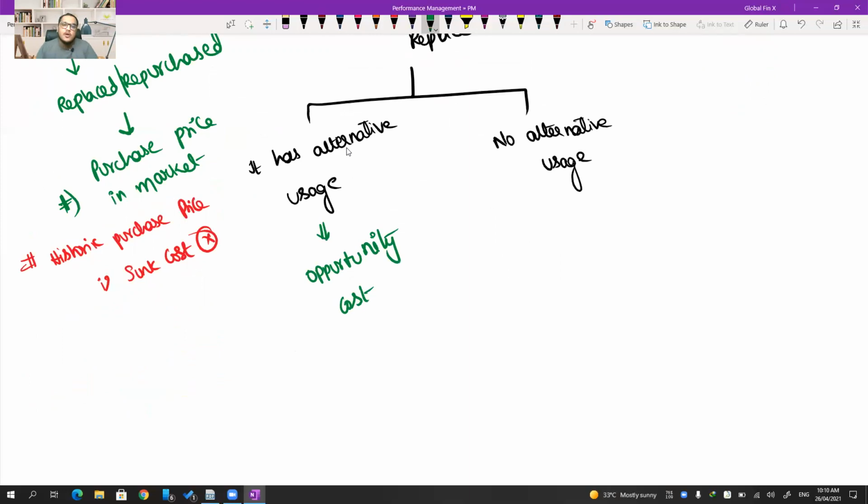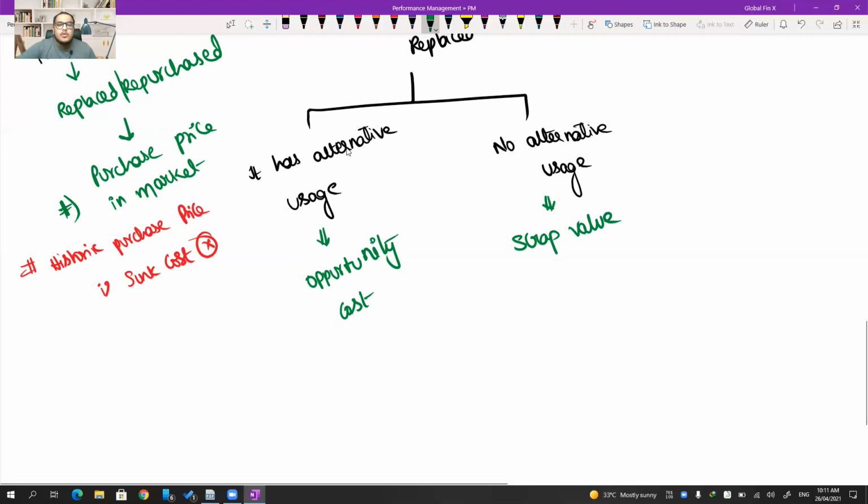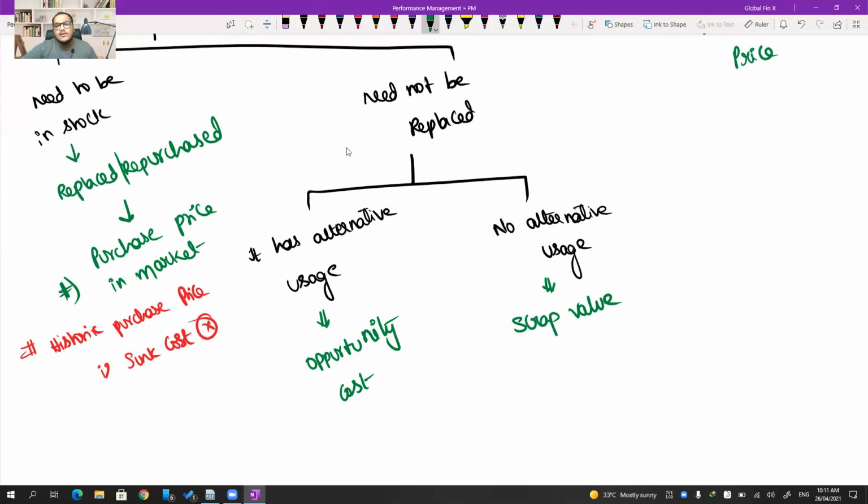If not used in this project, I can use it in some other project. So whatever is the lost benefit or contribution, that is your relevant cost. If there is no alternative usage, scrap value. If I don't use it in any other project, and I'm not using it in this project, then I'll sell it off at scrap. So the scrap value will be my relevant cost.